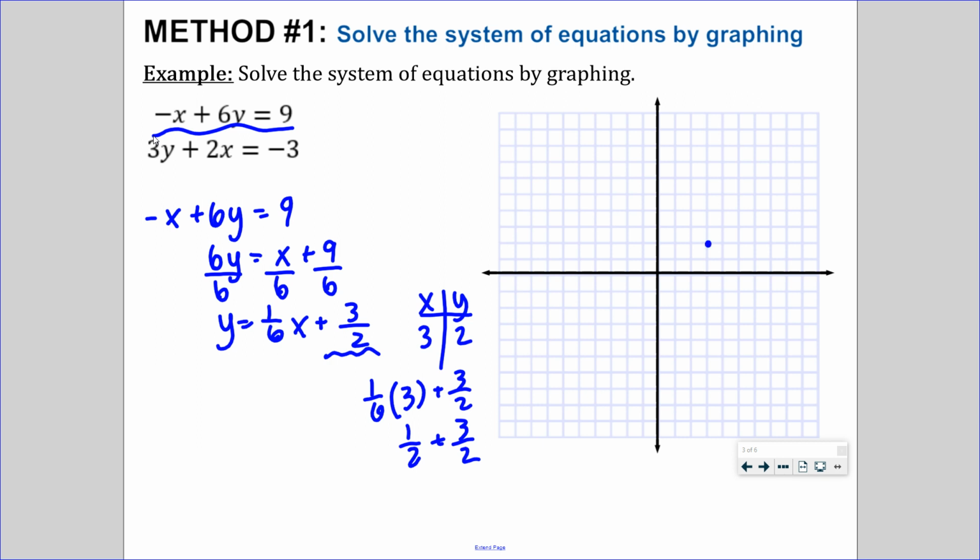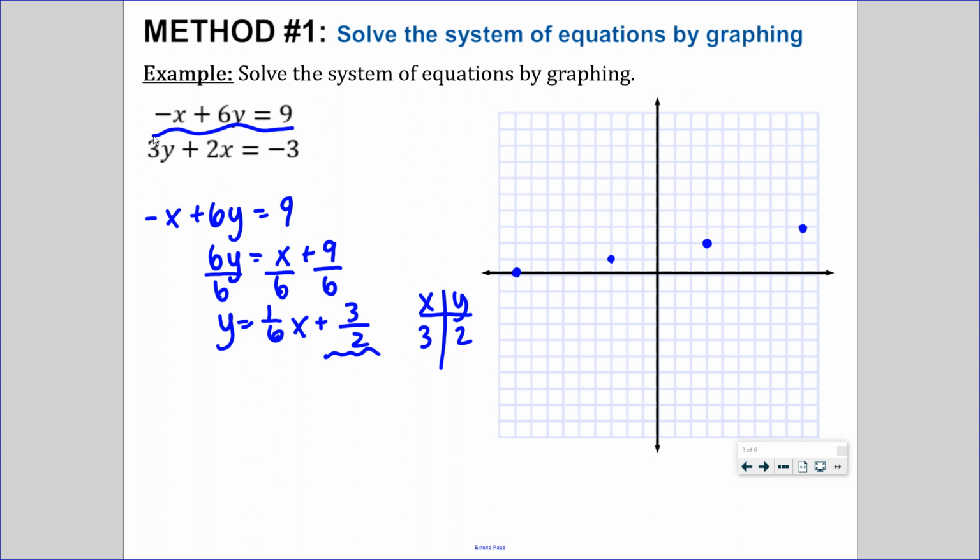So 3, 2 is here. Like I said, it's a little bit easier than just guessing where your y-intercept is, because we're looking for exact points. We need to be as exact as we can. And then from there, I can graph my slope, up 1, over 6. And do as many points as you can.